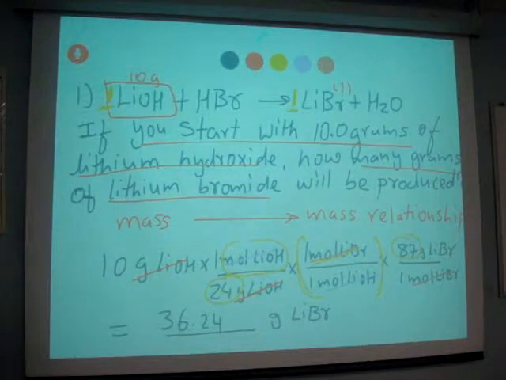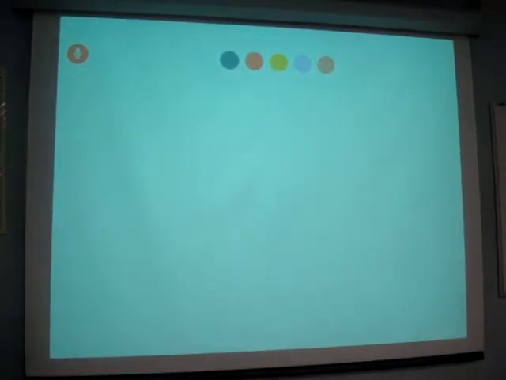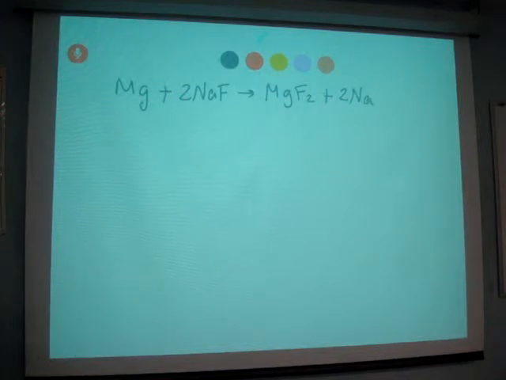Okay. We are going to take one more example on mass to mass relationship. I'm going to give you the equation: magnesium plus 2 NaF gives MgF2, and it produces 2 moles of sodium.